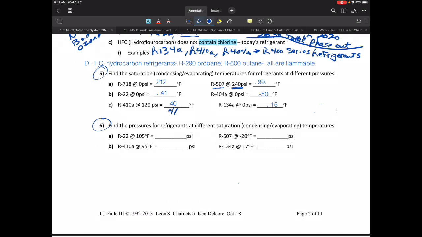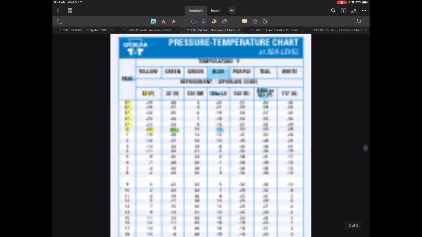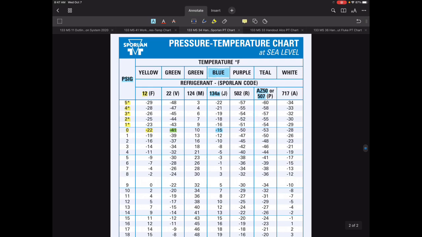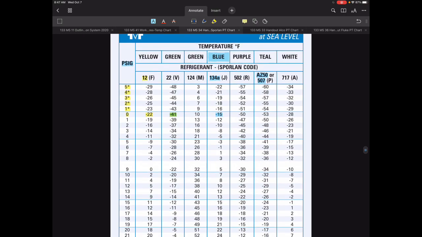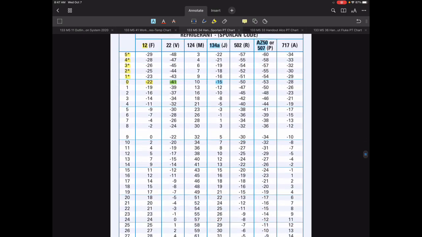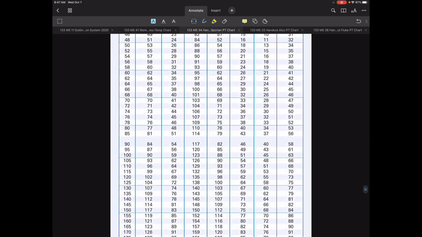So the first one we'll look at is, and sometimes I tend to use applications or temperature pressure charts that are easier to use. So for example, 105 degrees, if I say I have R22 at 105 degrees, you'll notice some of the charts may not necessarily be a good fit to use.